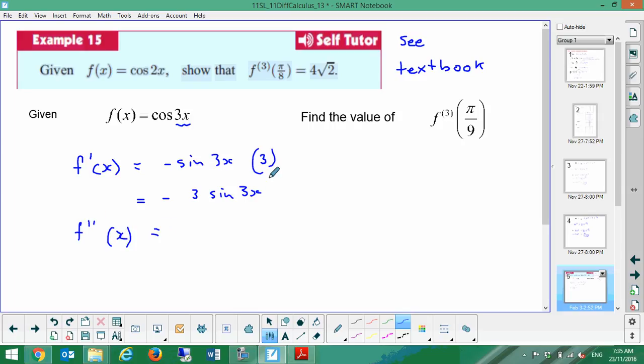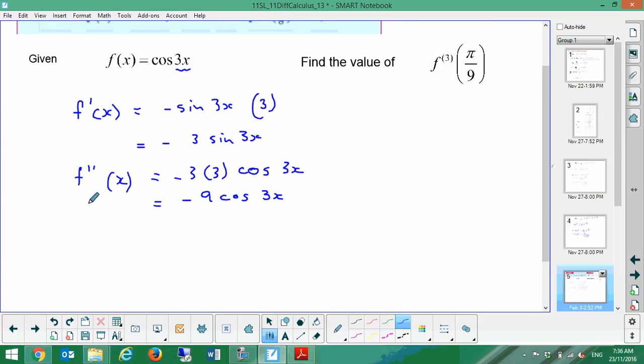I'm just going to do the times 3 at the beginning, so we're going to go minus 3 and multiply by 3 again because that's the inside part. Derivative of sine x is cos x. So it's cos of 3x, and then we differentiate the inside to give us that 3 there. So we get minus 9 cos of 3x.